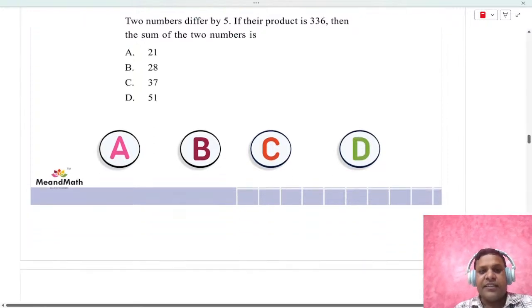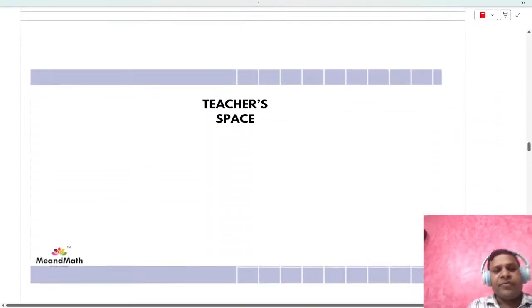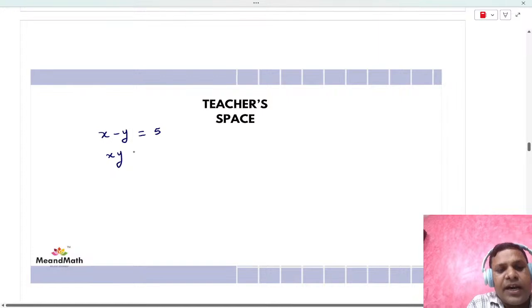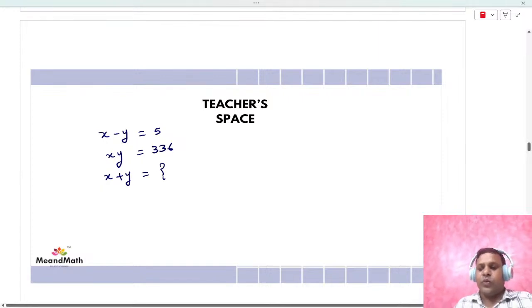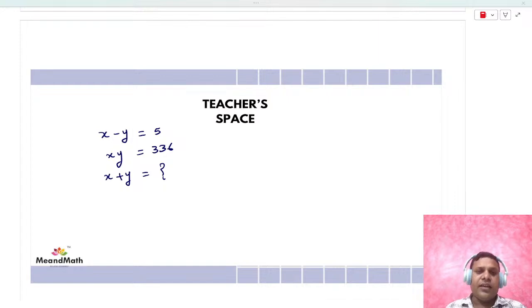I'll write in the teacher's space what is given. Difference: x minus y is equal to 5. Multiply: xy is equal to 336. What you have to find? X plus y. This is the question. Okay.